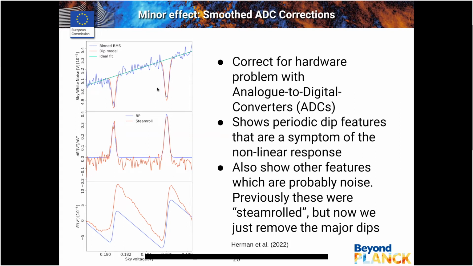So the previous algorithms to do this basically steamrollered this entire curve to be flat and gave you a correction that looked like this red curve down here. And what we've done is instead said that perhaps this blue stuff, this hash, is probably not worth correcting for and is some sort of physical effect or is just noise. And so we are just fitting these dips out of the ADC correction and using a much less aggressive correction for this ADC term.